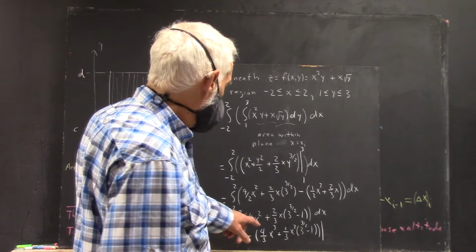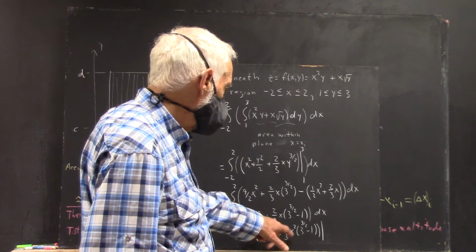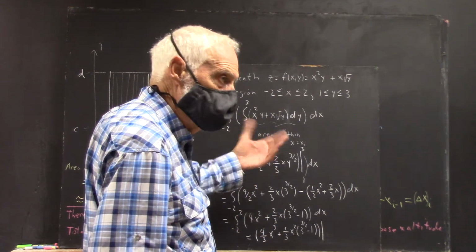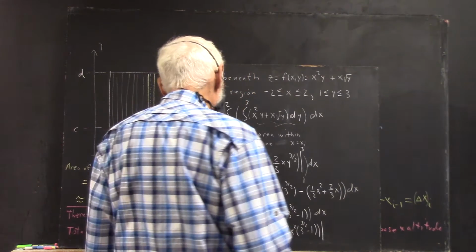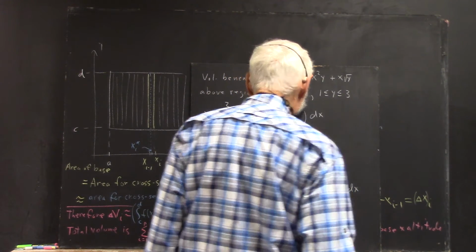Okay, in other words, the antiderivative of x squared is x cubed over 3. The antiderivative of x is x squared over 2. The 2 divides the 2 and all that. And if I wrote it down wrong, fix it. But anyhow, this is evaluated from -2 to 2.